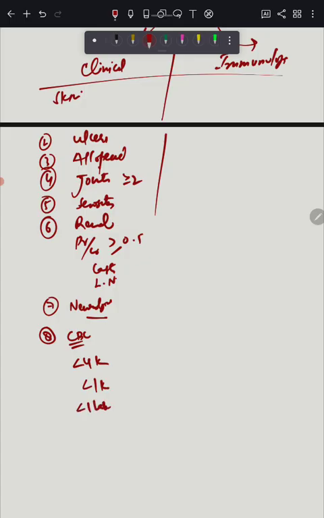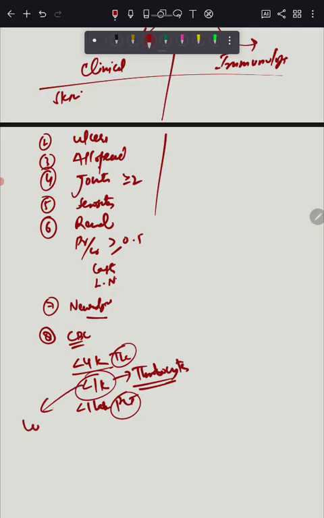So you see TLC, lymphocytes and platelets are described here. But in immunological manifestations, we have ANA that should be greater than the reference range.